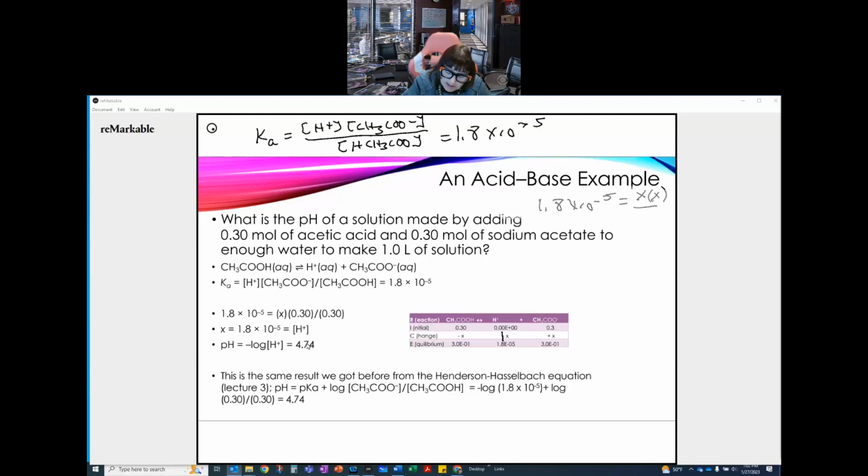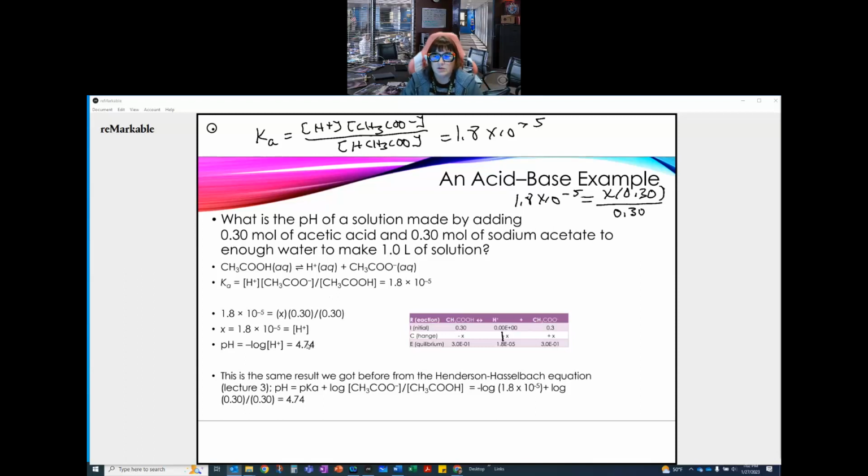Doesn't want to erase what I wrote. So that 1.8 times 10 to the minus fifth is going to be equal to X times the 0.30, so that's my acetate ion, times the, yeah, okay, no, hold on. Yes, so those two, and then we have the 0.30 down here.